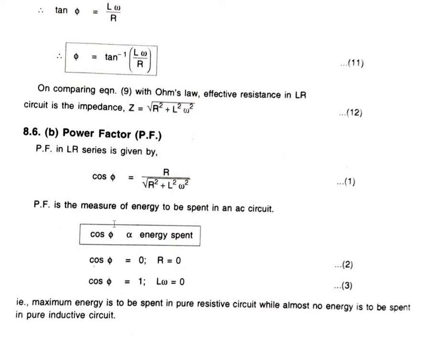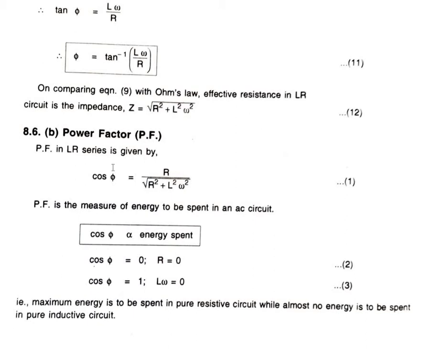Okay, so cos phi is proportional to the energy spent. The power factor or cos phi is nothing but the energy utilized by the circuit. So here cos phi is proportional to energy spent.